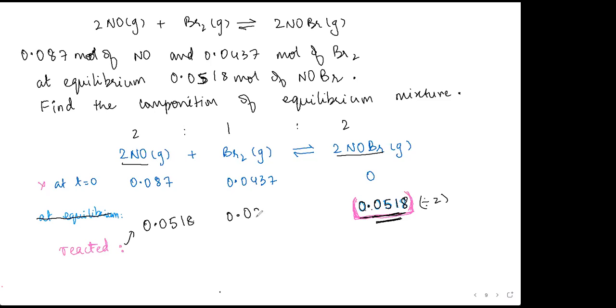So 2 2s are 4, 1 1. So 2 5s are 10, 1 8, 2 5 9. Okay. So initially this much you took, out of that this much has reacted. So how much is left in the reaction vessel?